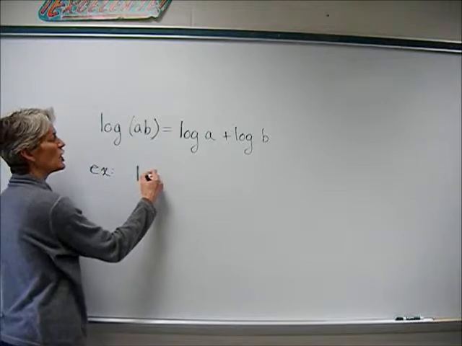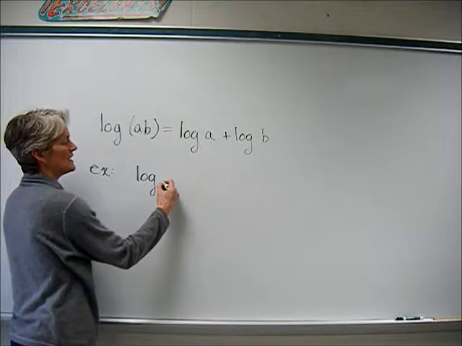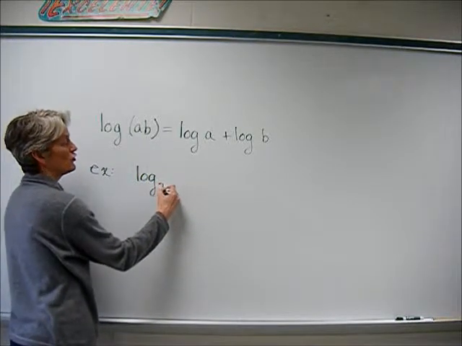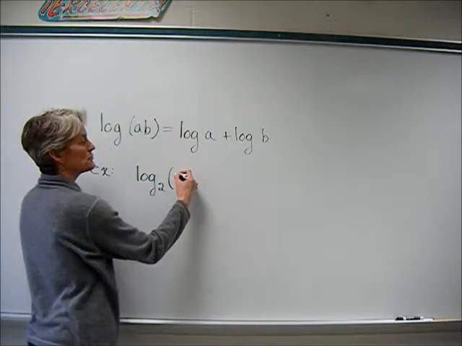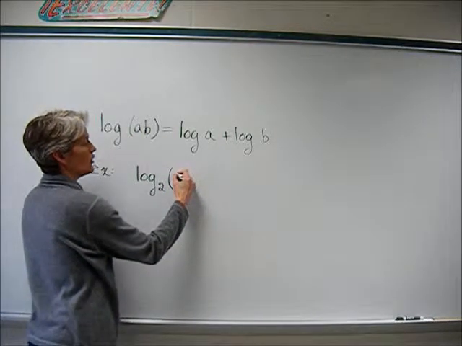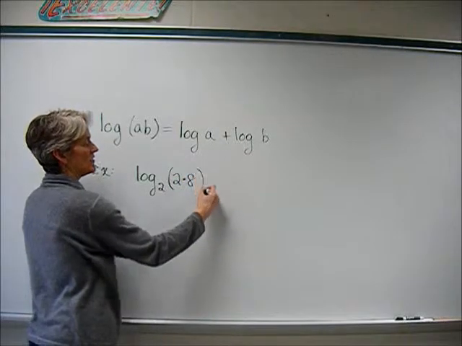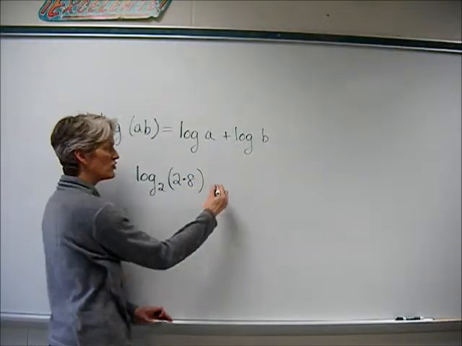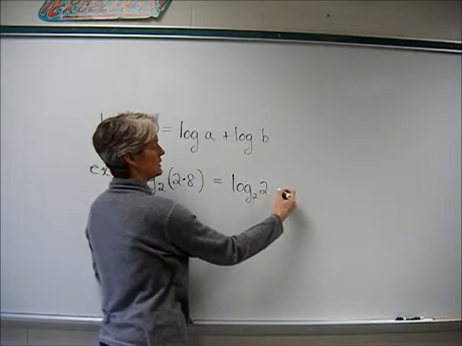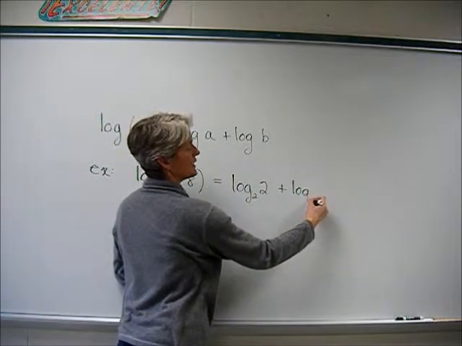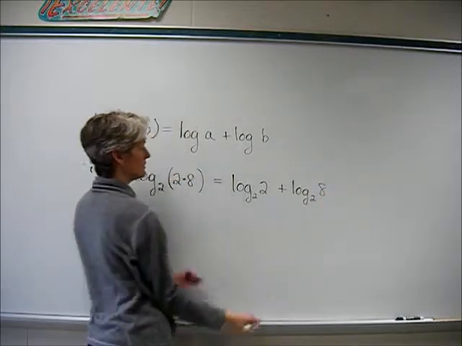For example, if I have the log base 2 of, let's pick some nice numbers, 2 times 8. That should equal the log base 2 of 2 plus the log base 2 of 8, right?